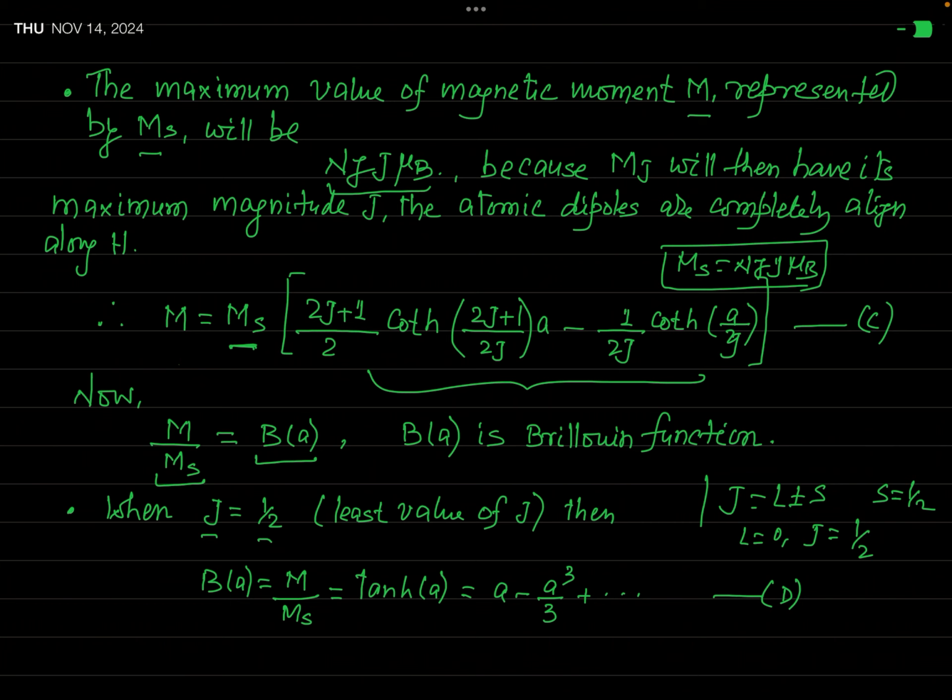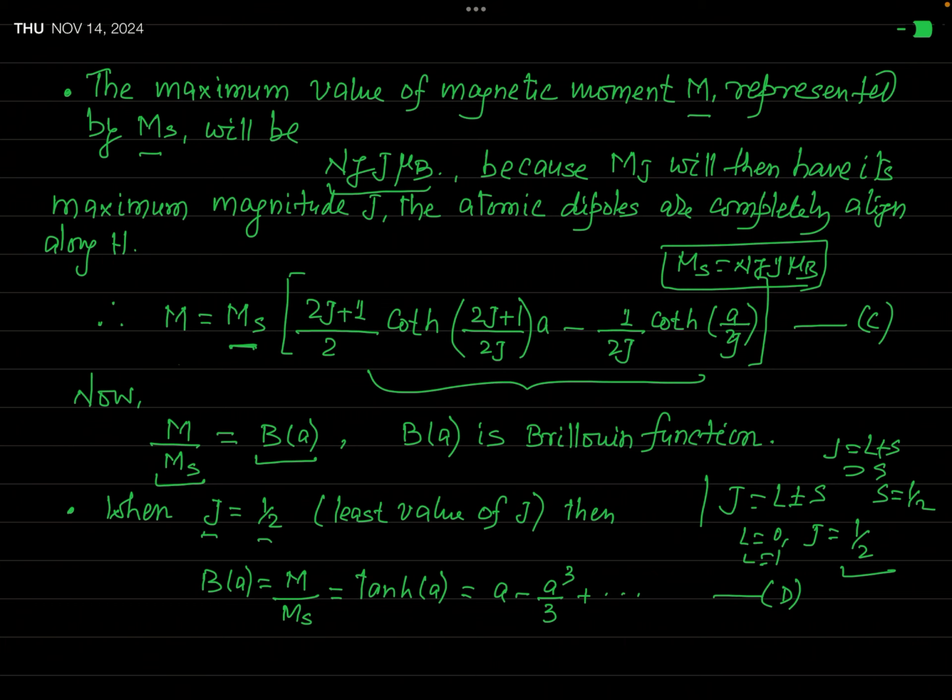In this case you can't take the minus sign, except when L is equal to 0. If L is equal to 1 or 2, then you can take both the plus and minus sign. But when L is 0, you have to take only J equal to L plus S. It means J is equal to S, and that is equal to 1 by 2. So this is the least value of J.